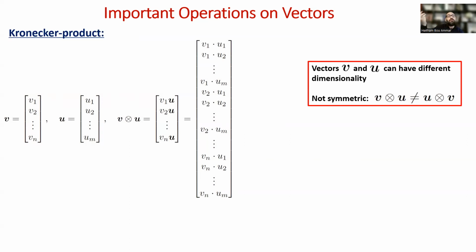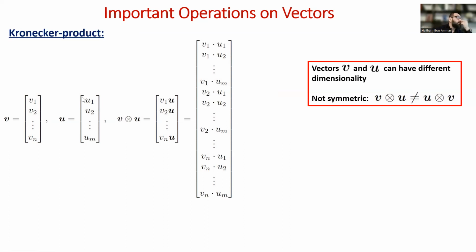It's defined more generally. Now, the Kronecker product between these two vectors is defined as v1 times the whole vector u. Notice, I take the first component of the first vector, that's v1, and I multiply that by the whole vector u, so u1, u2, up to um. This bold u, remember our notation, is a vector.